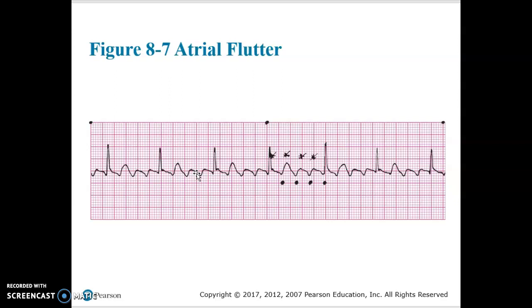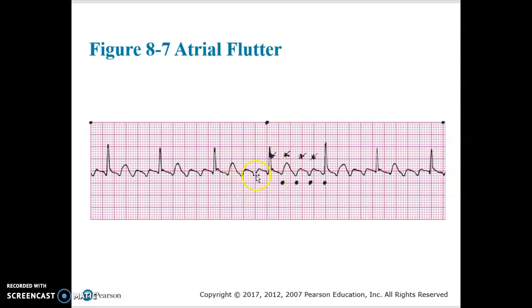So we don't have a regular P wave. We only have flutter waves, okay? But they're regular. The QRS complex, again, is 0.08. So that tells us that we have atrial flutter, because we know we have a problem with the P wave.